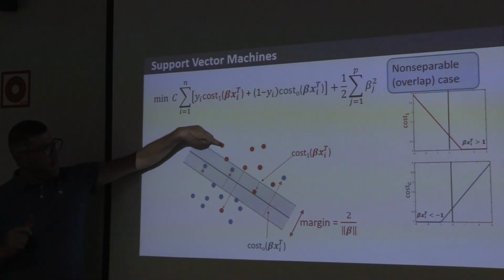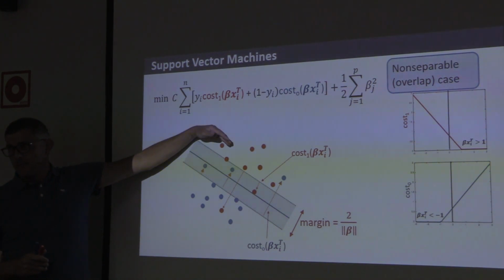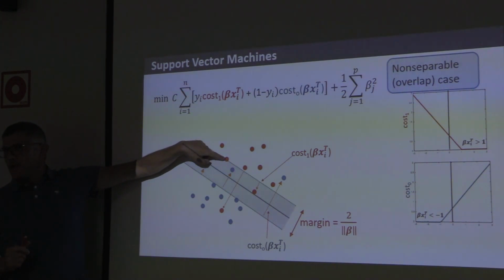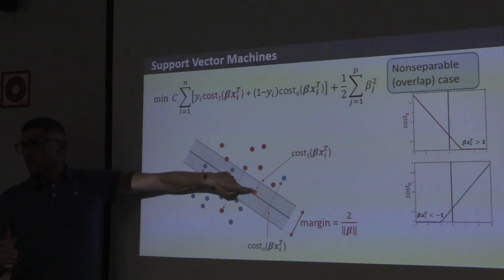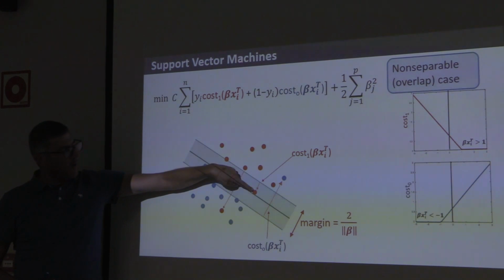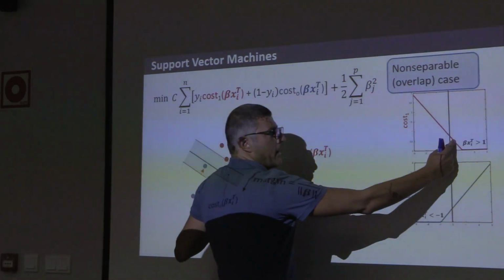It will have a cost value equal to 0, because we are behind the margin. This one will have a cost value equal to 0 because it's on the margin. This sample is okay because it's in the red space, but it will have a cost value higher than 0. We are around here.